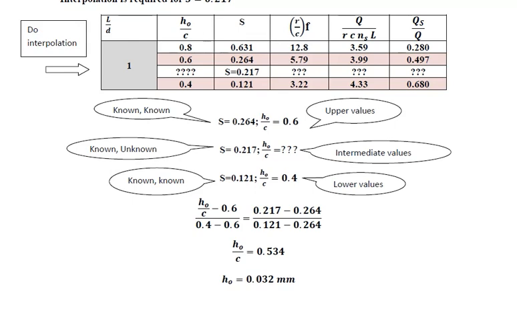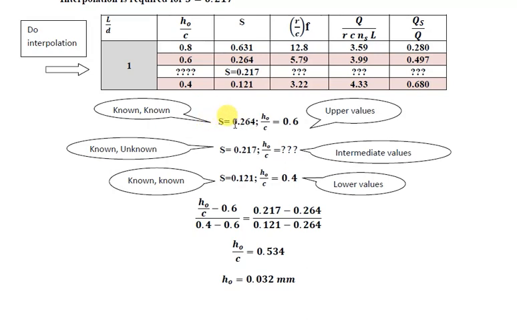Only trick is that here we have to write down the corresponding S value and H0 upon C values. So first known, intermediate known, unknown, what we have to find, and again lower known for the H0 upon C. And then simple trick is that the intermediate unknown value minus upper value, then lower value minus upper value, again similarly is equal to the intermediate known value minus upper value, lower value minus upper value.